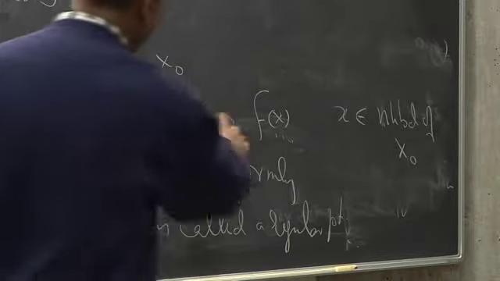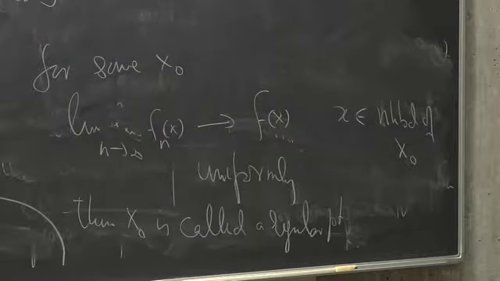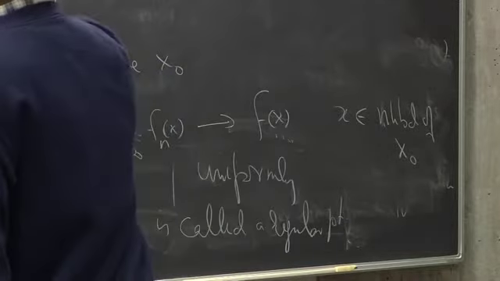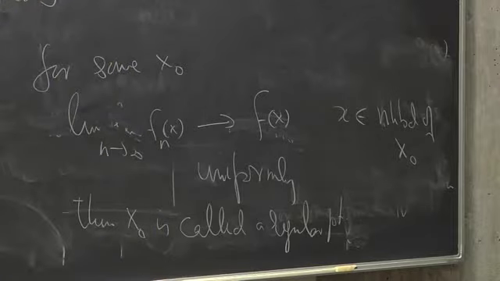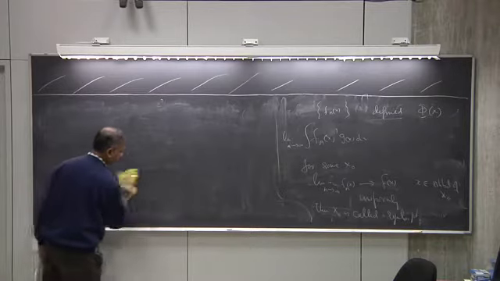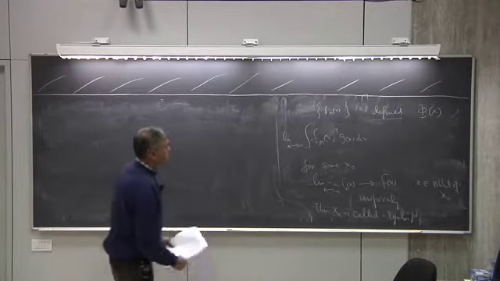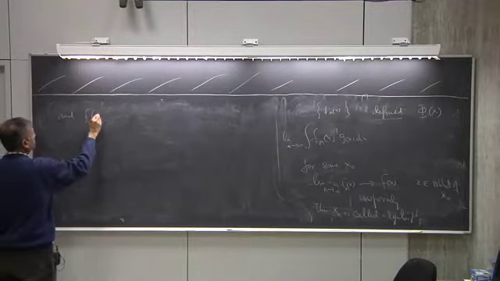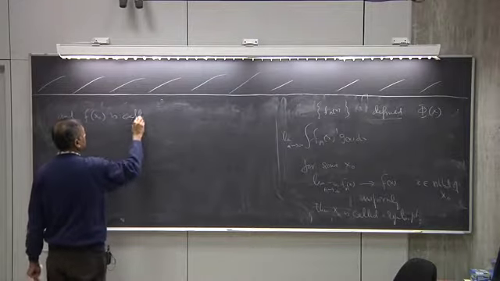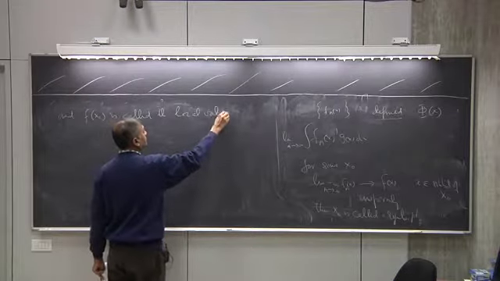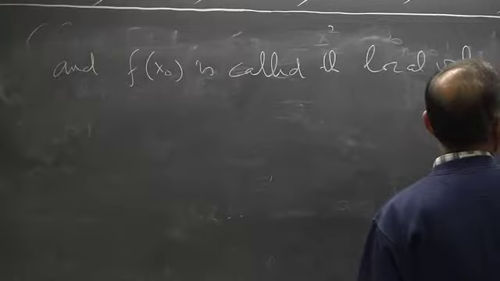And f of x to which it converges is called the local value of the generalized function. f of x naught is called the local value of the generalized function phi of x.